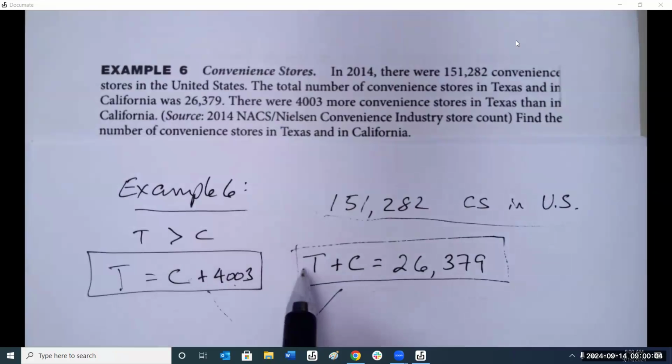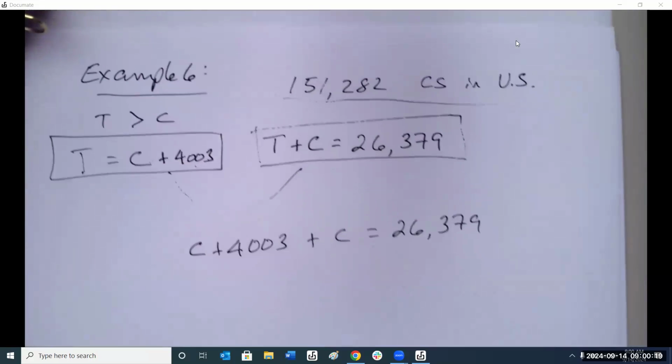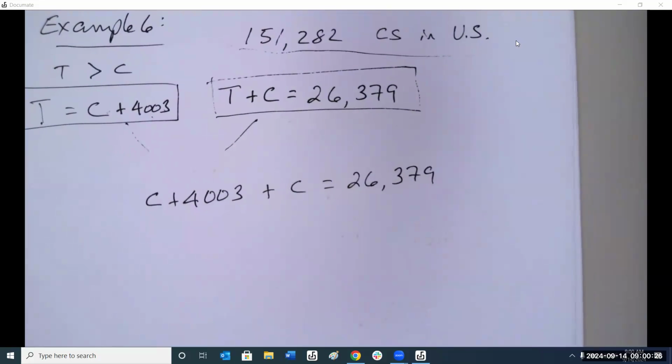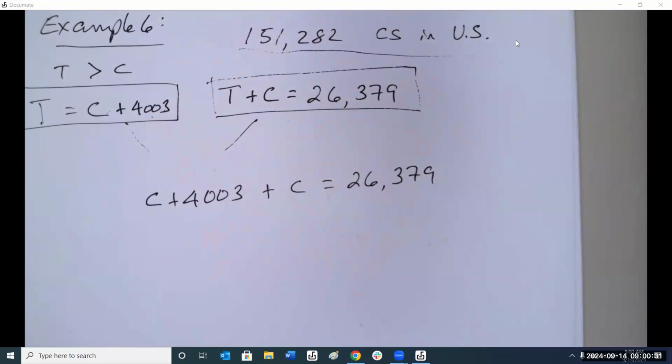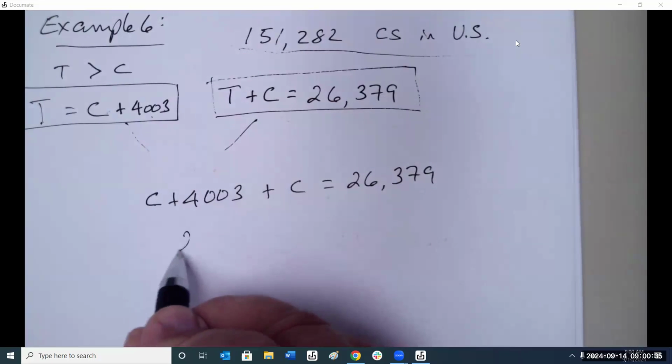Now we connect these 2 together. So anywhere I see a T, I put a C plus 4,003, that's the T, plus C equals 26,379. Oops, I'm sorry. So now I only have one equation with one variable. Combine like terms, C plus C is 2C.